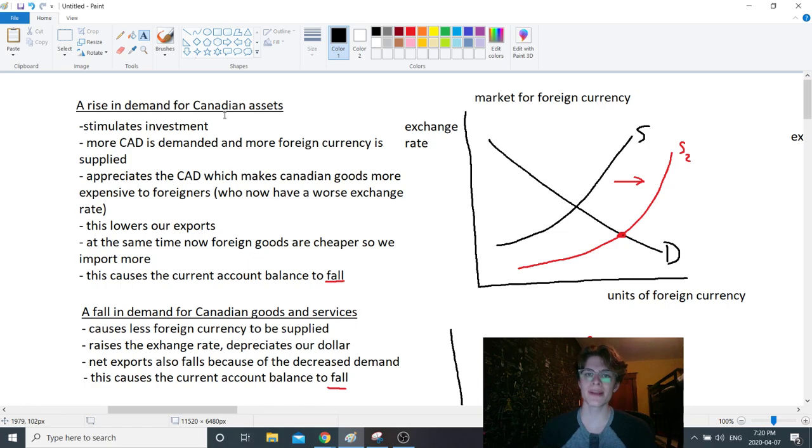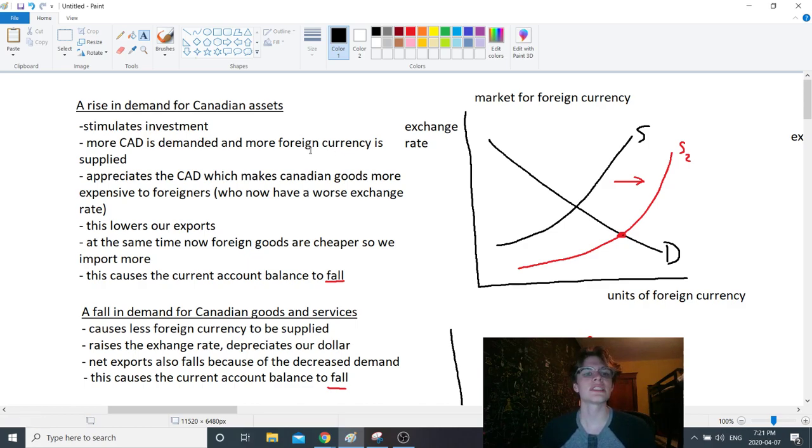Don't mix us up with, as interest rates rise, investment falls. This is foreign investment. This is investments that are already owned. They're now going to be more profitable. So foreigners are going to liquidate their assets in other countries and buy assets in our country because our interest rate is higher relative to other countries.